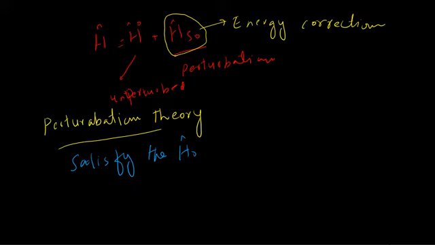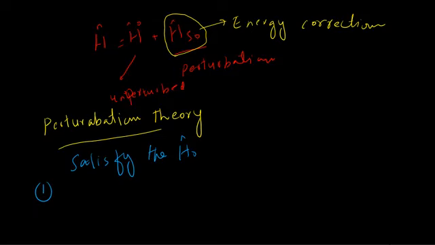We have to choose the state which satisfies this unperturbed part and diagonalizes it. We have two possible choices of eigenstate.